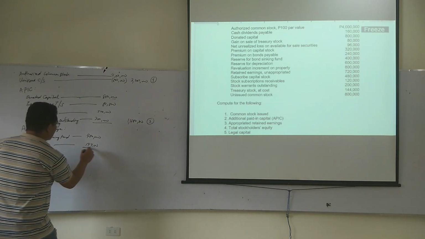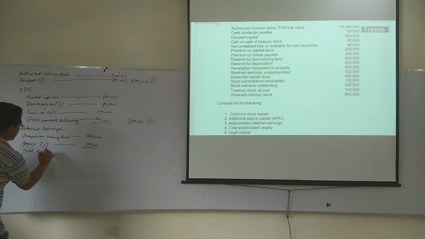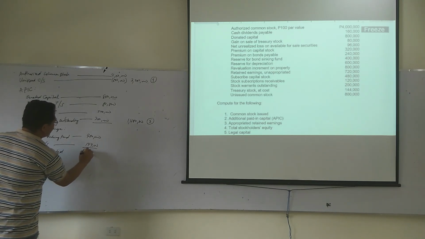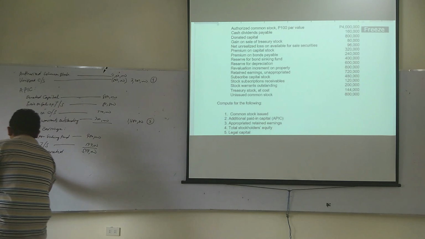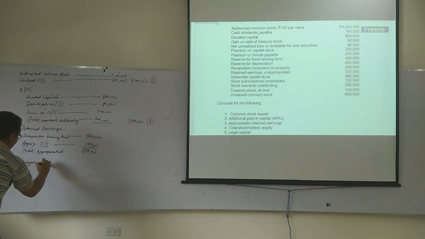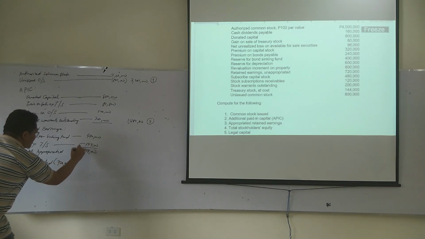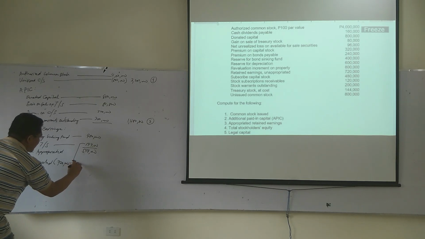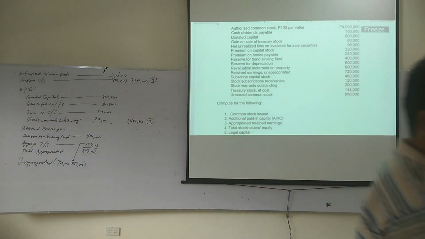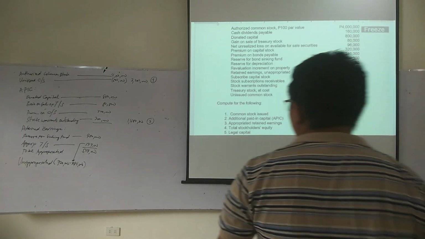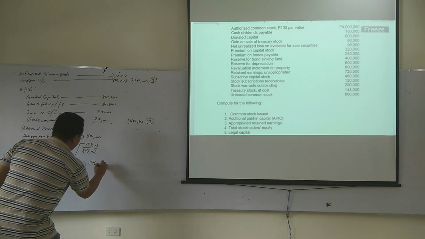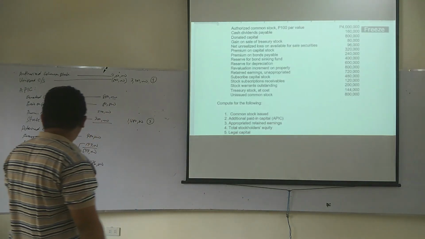So your total appropriated is 544,000, while your unappropriated, which is 720,000 minus 144,000, is 576,000 unappropriated.